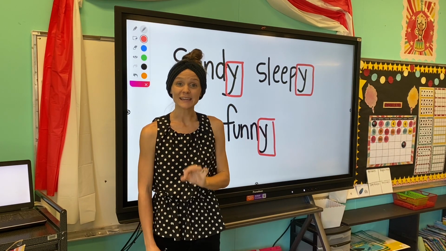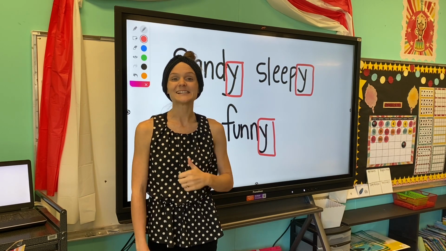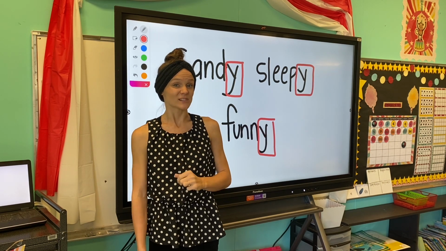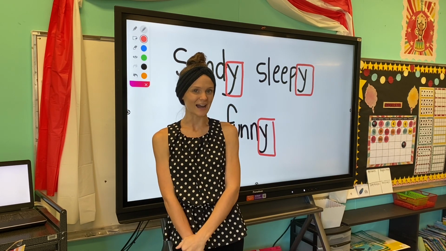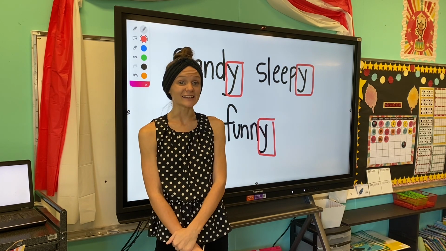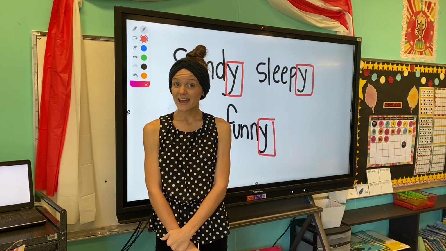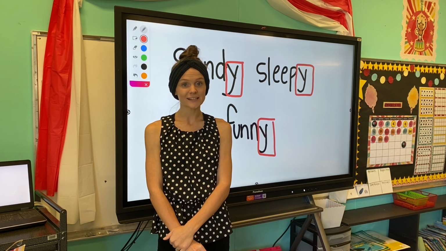The word sleep has a meaning of its own, which means that Y is acting as a suffix in this word. So today, we've learned two special things about letter Y. We learned that it can make the E sound at the end of a two-part word, and we also learned that sometimes it can be a suffix.